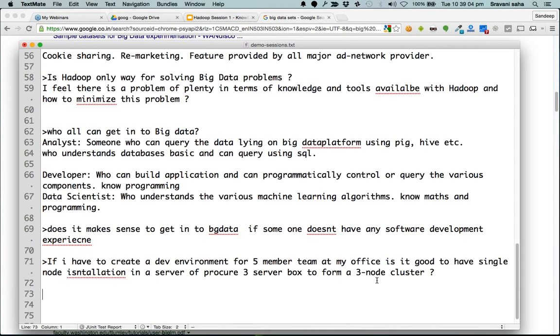My advice would be to procure 3 nodes, because a single node cluster doesn't make any sense. The only difference between big data and normal computing is distributed computing, so it doesn't make sense to have only a single computer.